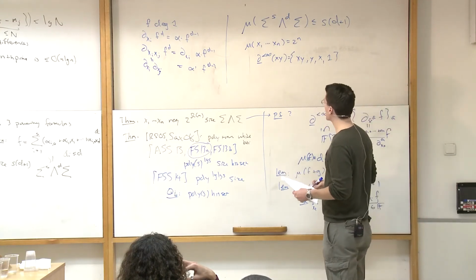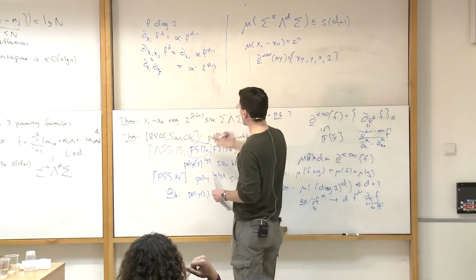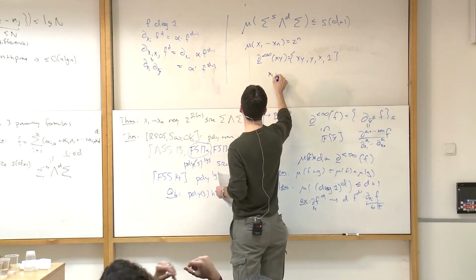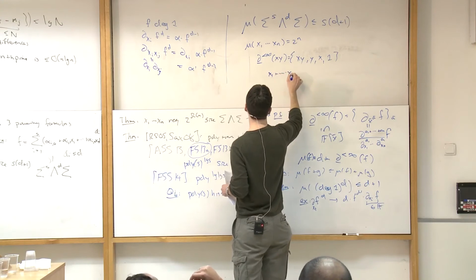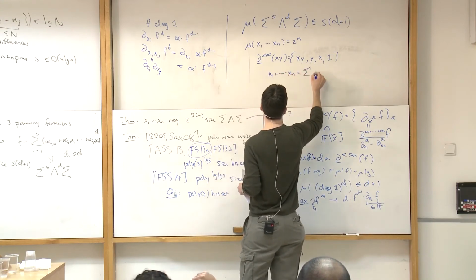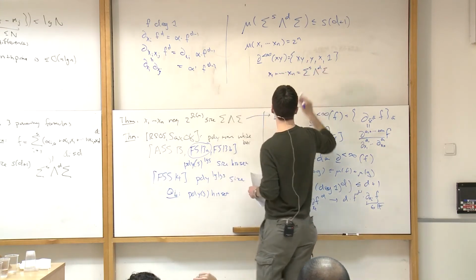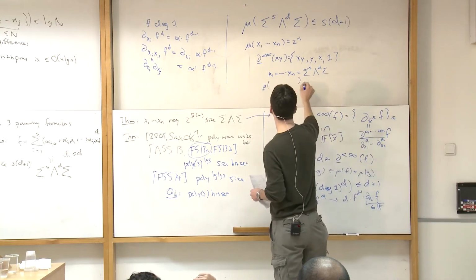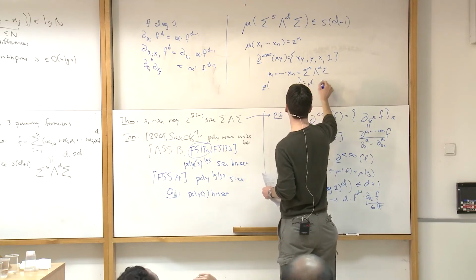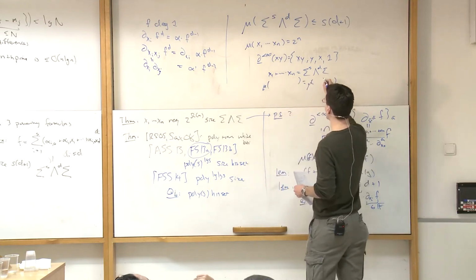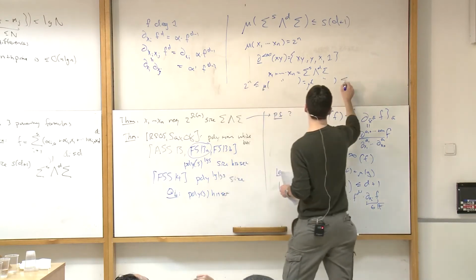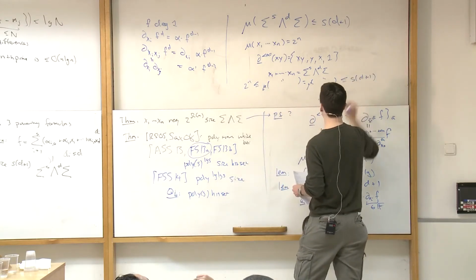Okay. And so if you combine these facts, you want to get the lower bound. So suppose that x1 through xn is equal to something of this form. Then you take the measure of both sides. The measures should be equal because these are the same polynomial. This should be at least 2 to the n, and this should be at most s times d plus 1.